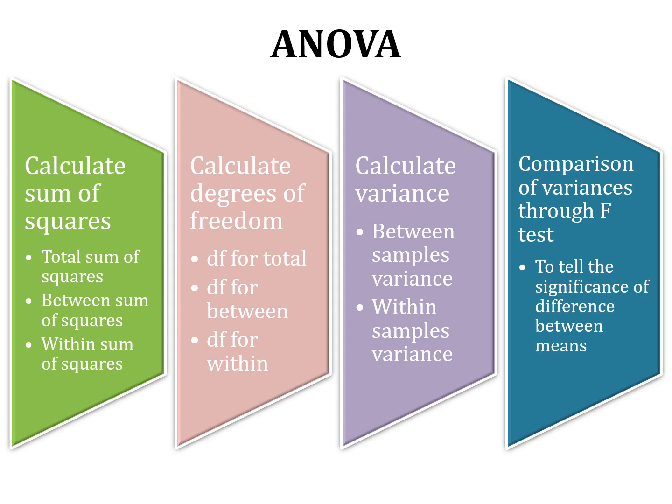This test is used to tell the significance of difference between the mean values. So this is how ANOVA is done: it is partitioned into calculating the sum of squares, calculating degrees of freedom, calculating variances, and calculating the F value.